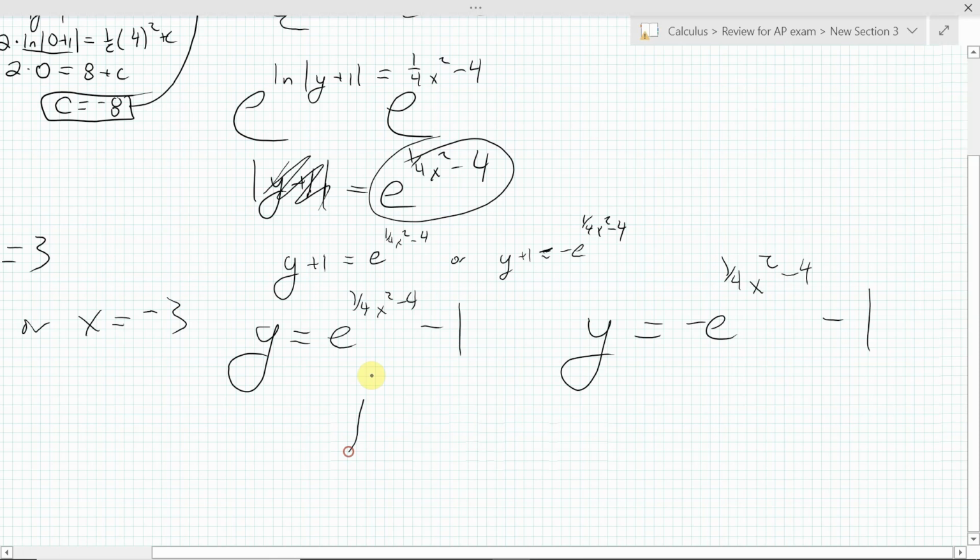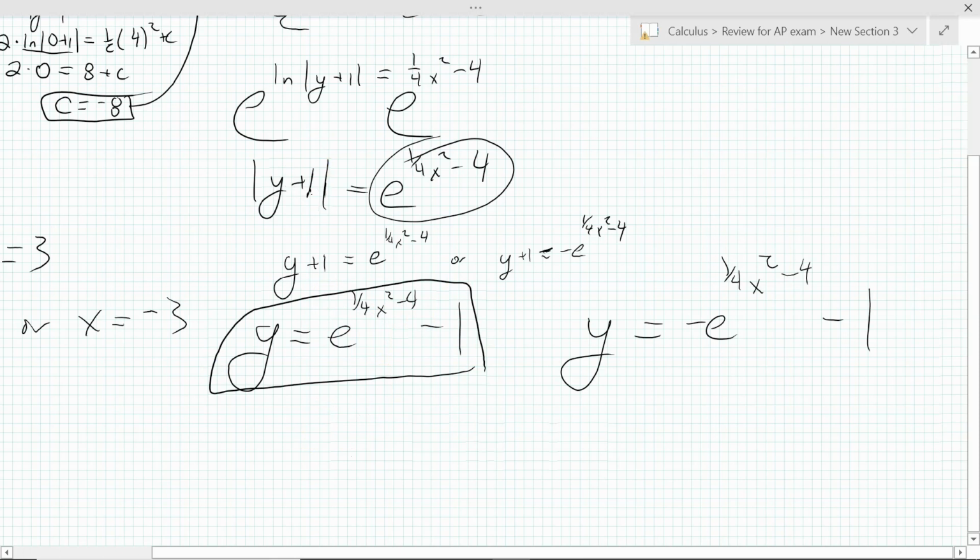So if x is 4, do you notice right here that this exponent becomes 0? E to the 0 is 1, minus 1 is 0. So this definitely works, which is the one where the absolute value bars are not needed.